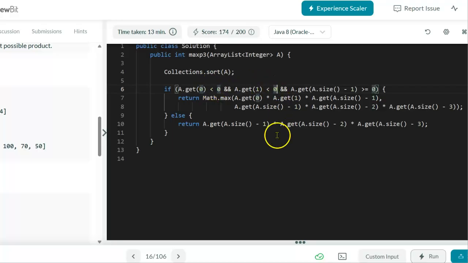So we'll look at that. Do we have 2 negative numbers, and is the largest number, that would be the last number in the list, greater than or equal to 0? Having the 2 negative numbers is not going to help us if all the numbers are negative.